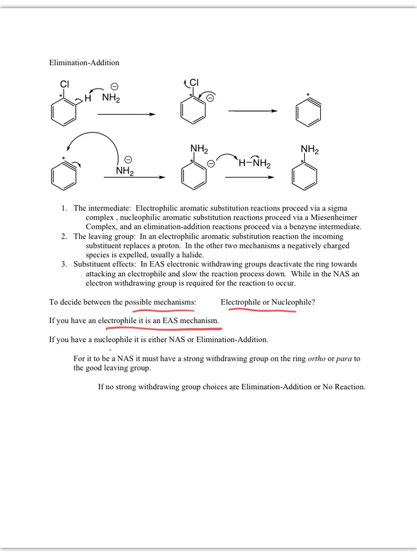If you have a nucleophile, it is either an NAS or an elimination addition reaction. Okay, and for there to be a nucleophilic aromatic substitution reaction, you have to have a strong withdrawing group ortho and para to the leaving group. If no strong withdrawing group, choices are elimination addition or no reaction. Okay, and no reaction is a possibility with these, so be careful about that.